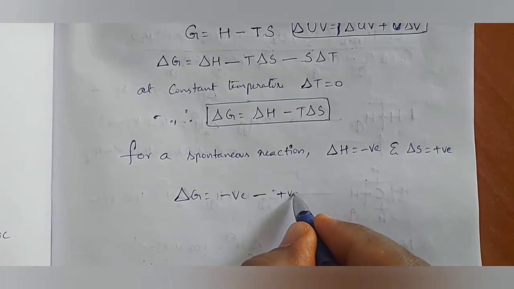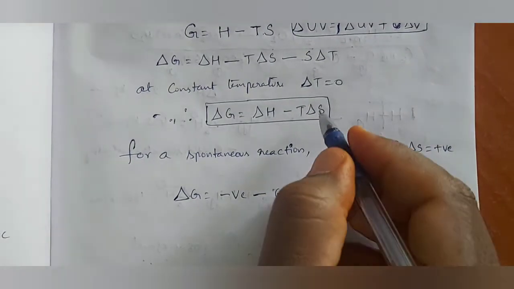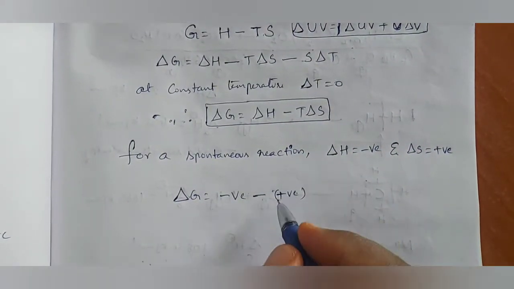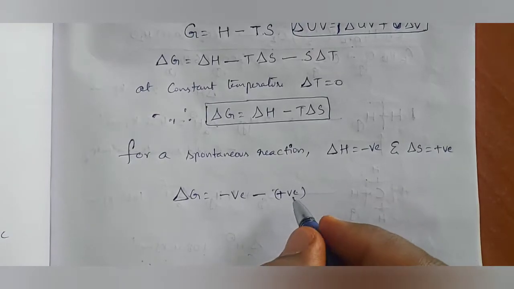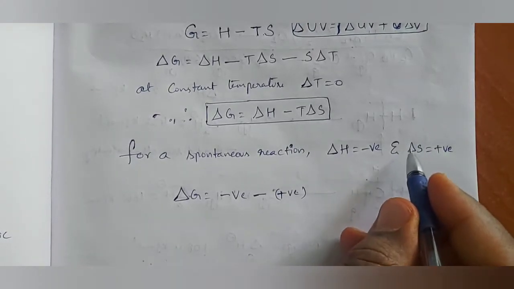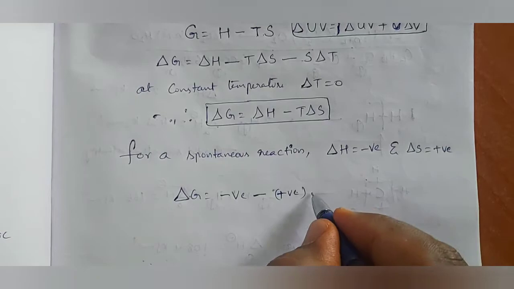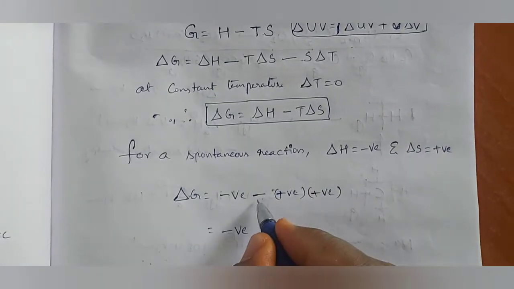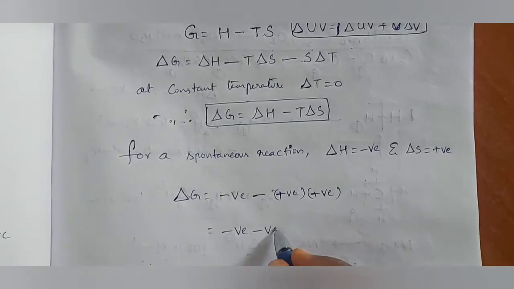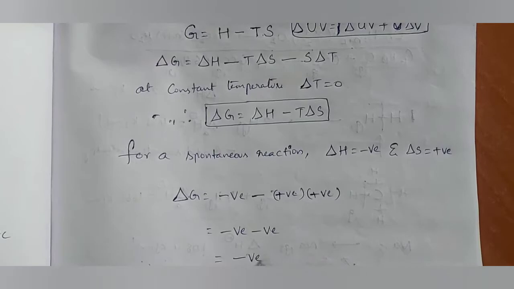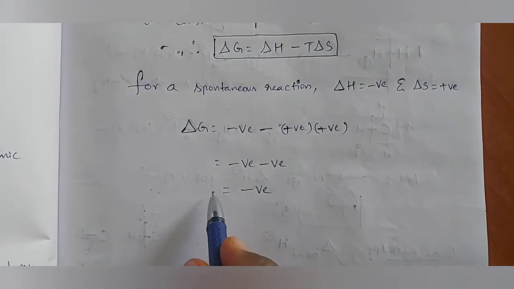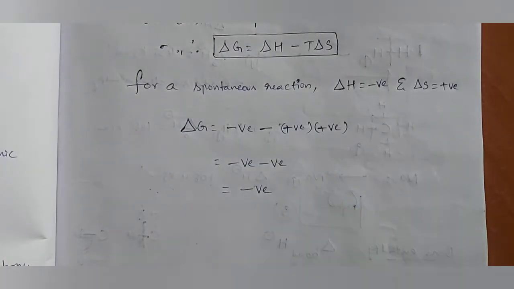Let us take a positive value here. If you take 0, this term is totally 0. So negative minus positive into positive: minus into positive is minus, so the total value is negative. Delta G is negative for a spontaneous reaction.